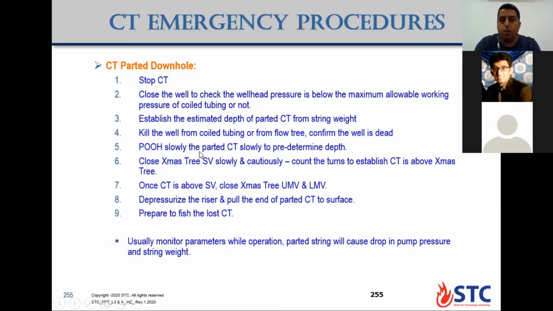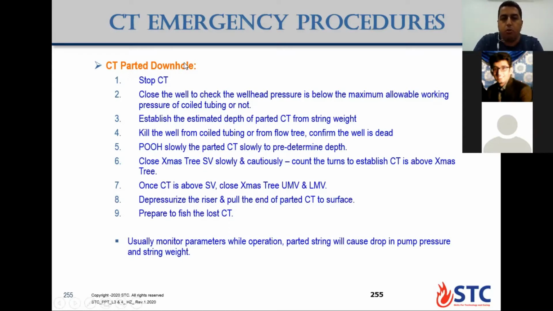Pull out slowly the parted coil tubing to the predetermined depth. When the coil tubing has come to the surface, you will start to close the swab valve slowly. Then you can close all Christmas tree valves, upper and lower master valve, to secure the well. Then you depressurize the riser and pull the end of the part to the surface. Prepare to fish the lost coil tubing from the hole.